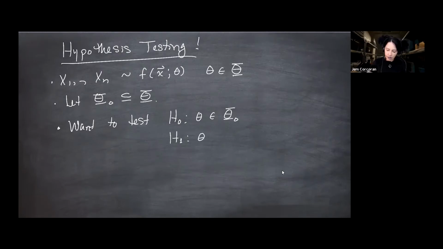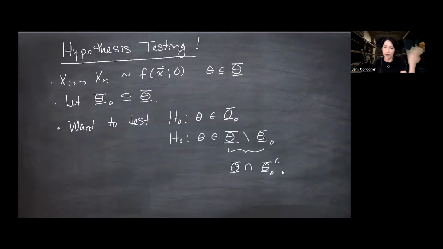I don't know if everyone has seen this, I know a lot of you certainly have. So this is a set minus operation, which is the complement of Theta naught within Theta. So this just means Theta intersected with Theta naught complement. It's the rest of the space.